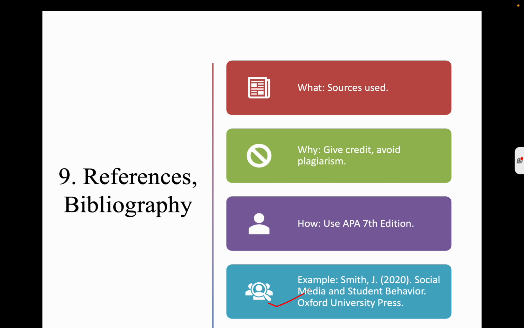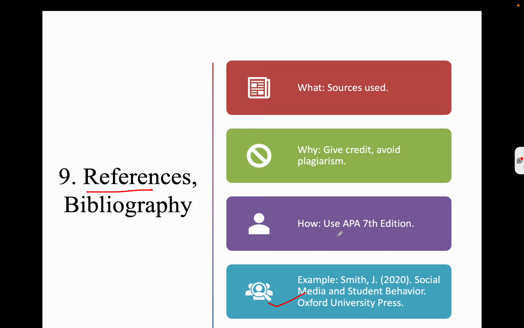For example, if you have referred to a paper of Mr. XYZ, and Mr. XYZ has published the paper in Oxford University Press, it is very important to mention in the references Mr. XYZ's name, year and the topic.